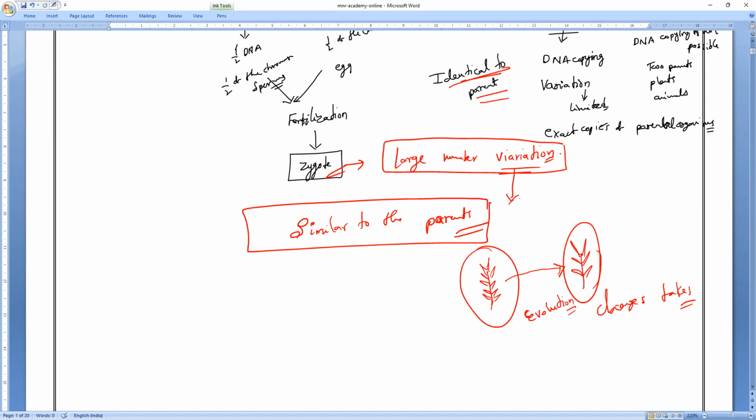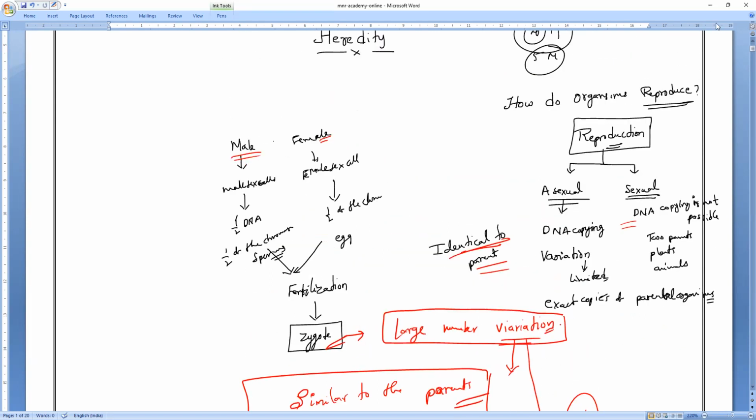In sexual reproduction there is a greater possibility of evolution, so that the young ones will adapt to the situations based upon the changes taking place in their surroundings. In sexual reproduction the offspring resemble their parents, but they are not identical. In asexual reproduction they are exact copies, identical to the parents, with very small variations.